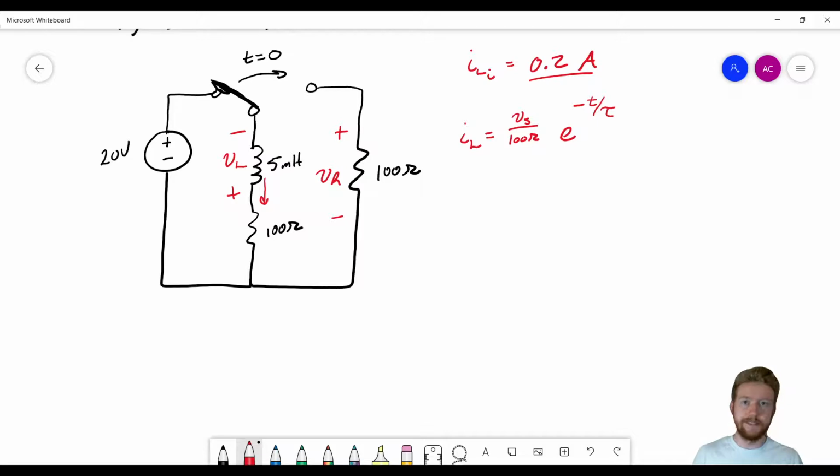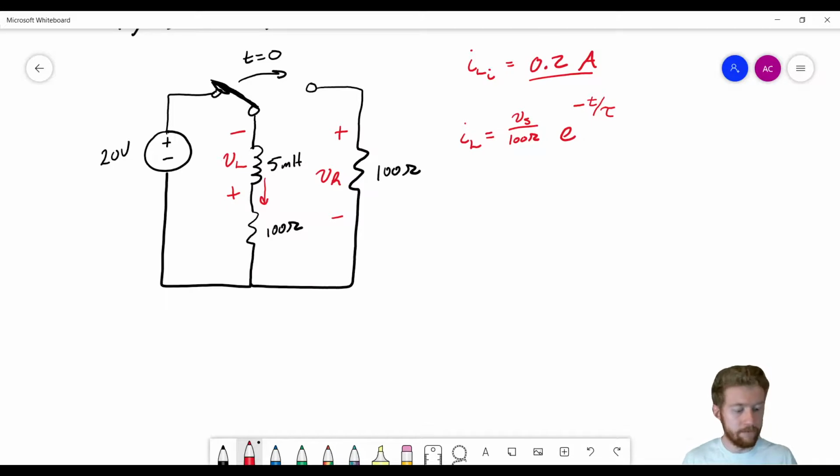Well, let's think about this for a second. Whenever we flip that switch, all we have is an inductor, a resistor, and a resistor, and those two resistors are in series. So if we're in the shoes of the inductor, all we're going to see is an equivalent resistance equal to 100 ohms plus 100 ohms.